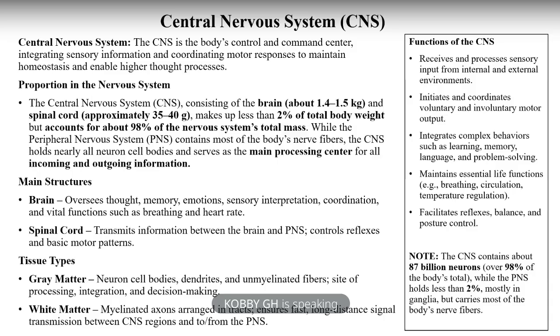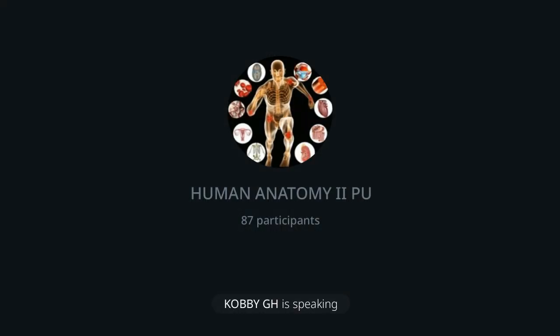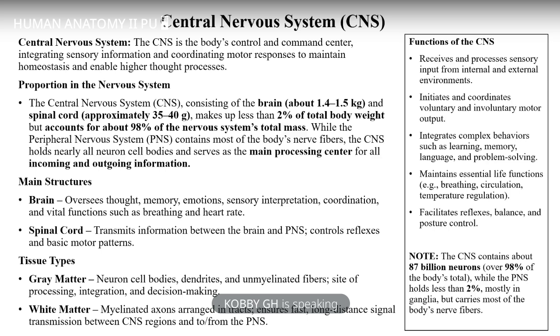The reason we call it white matter is that most of the neurons in the brain are myelinated, and myelin is made up of fat, and fat in the body is whitish in color. That's the reason we call it white matter in anatomy. Let me take that again. What forms the white matter is the axons of the neurons.